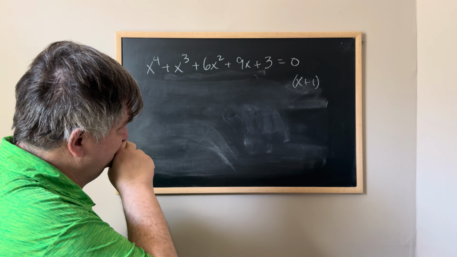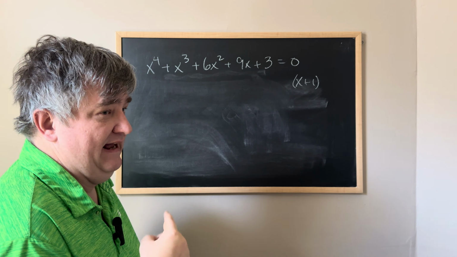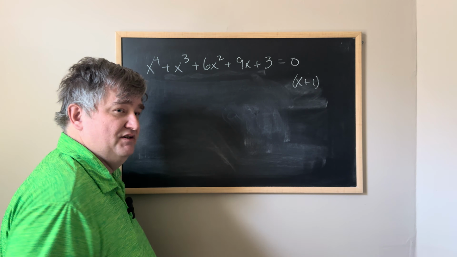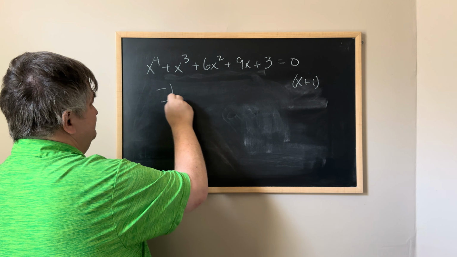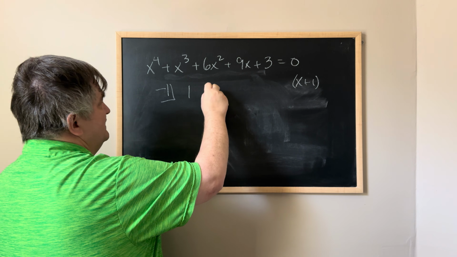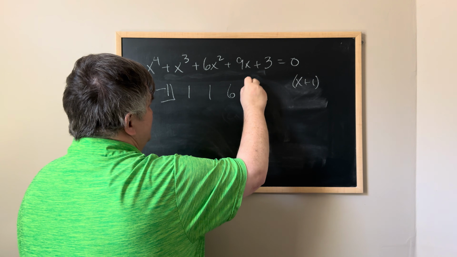Now, the issue you're going to have is that you've got to break this down into a cubic. You need to learn synthetic division. So let's do some synthetic division.